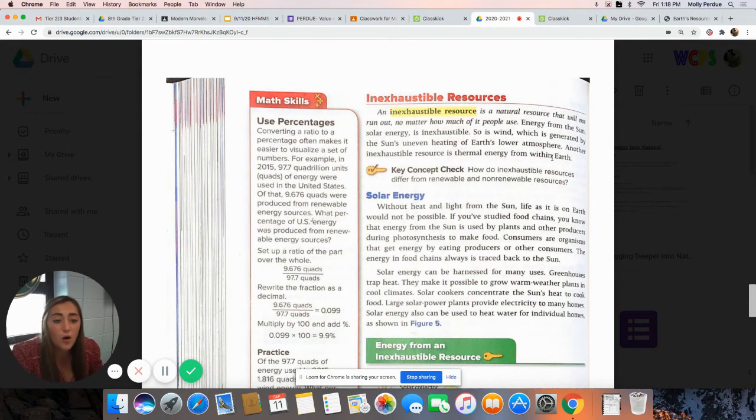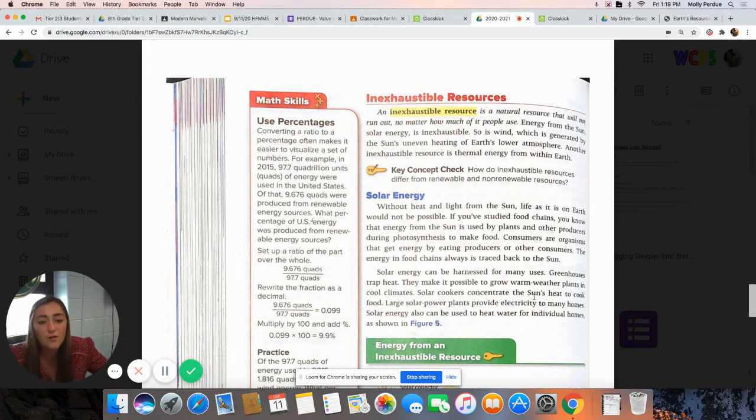Solar energy can be harnessed for many uses. Greenhouses trap heat. They make it possible to grow warm weather plants in cool climates. Solar cookers concentrate the sun's heat to cook food. Large solar power plants provide electricity to many homes.